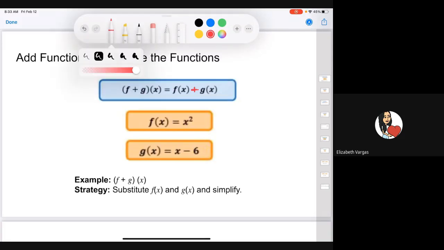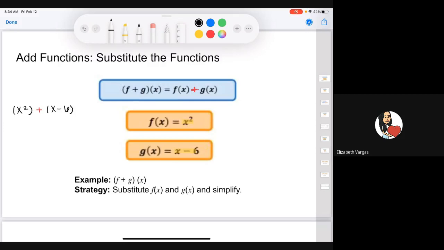More specifically, that will look like x² plus x minus 6. As you can see, I'm getting these functions from right here, f of x and g of x. Now that I have my function the way it needs to be, I can simplify.